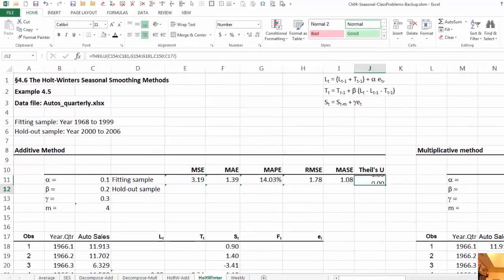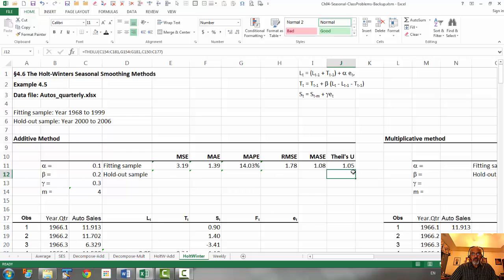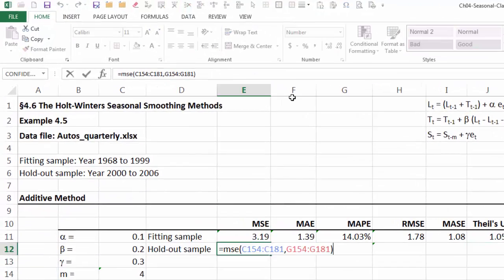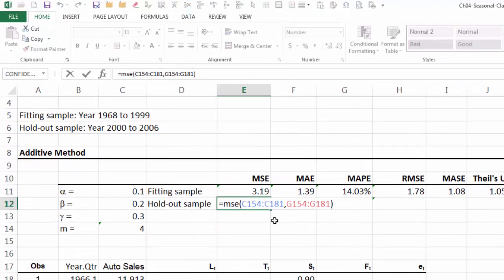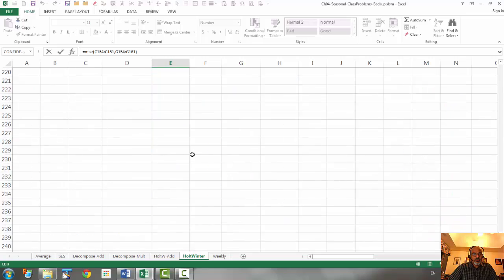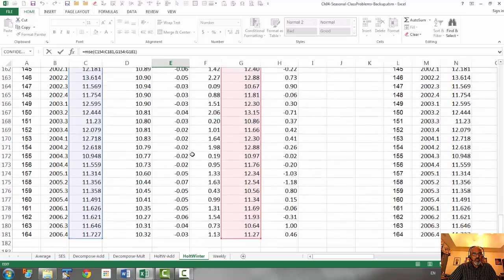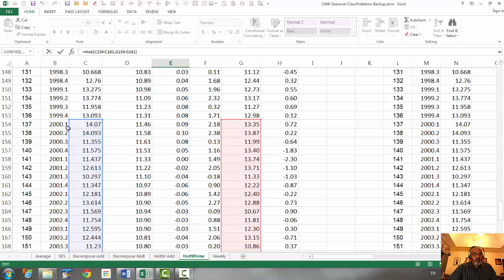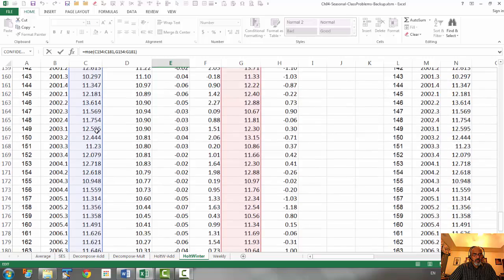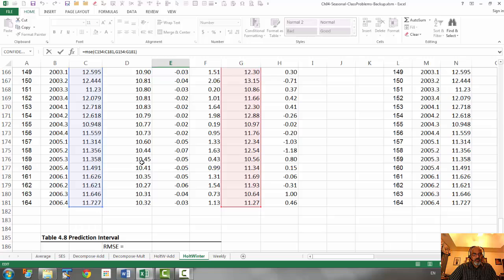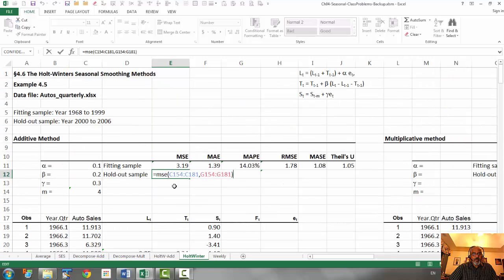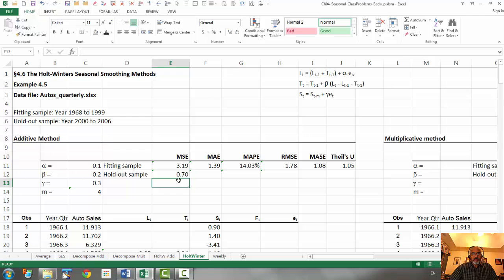Now we do the same thing for the holdout sample. The holdout sample will go from 2000 to 2006. First MSE. The ranges are 2000 quarter 1 through the end of 2006. That's MSE, and in a similar fashion we can set these three things up.